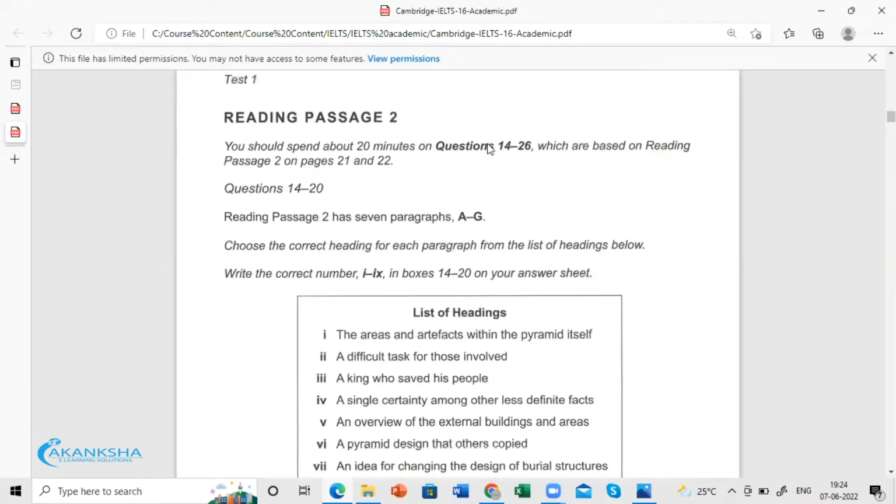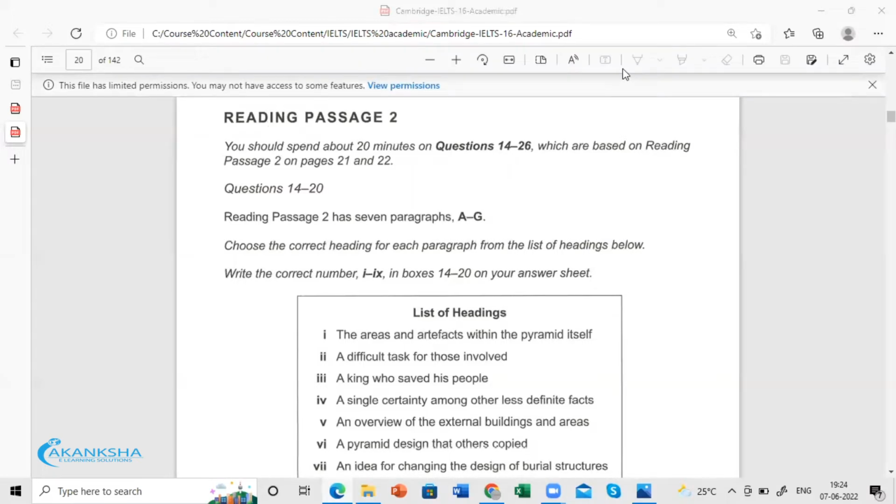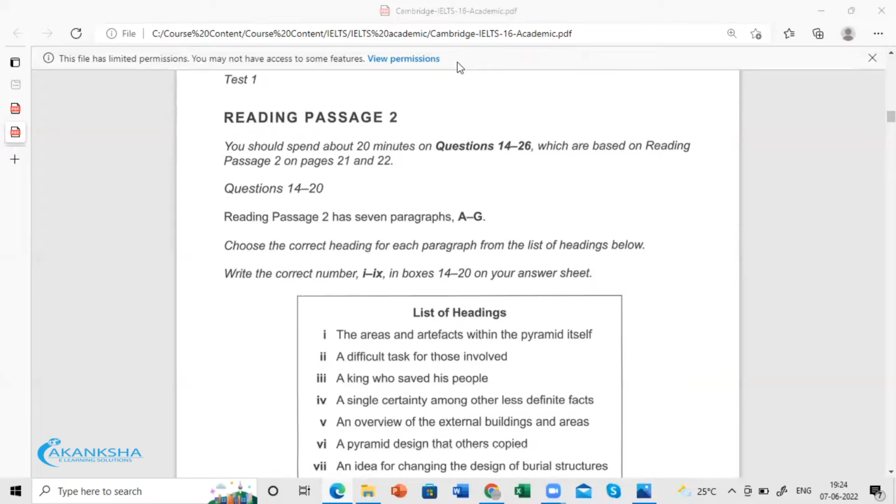This type of question here is called match the heading. So when we say match the heading, what do we mean by that? You have to spend 20 minutes on questions 14 to 26, which are based on reading passage 2 on page number 21 and 22.